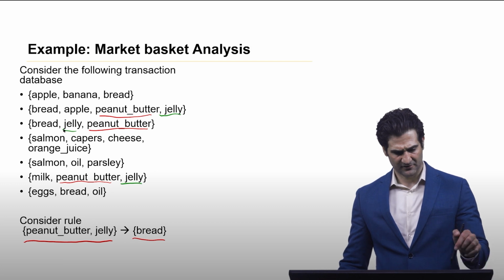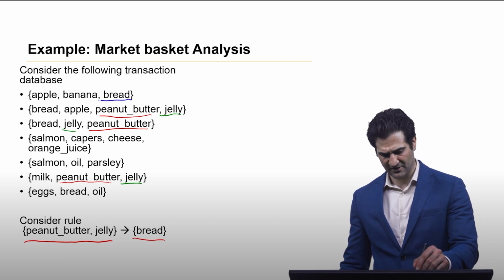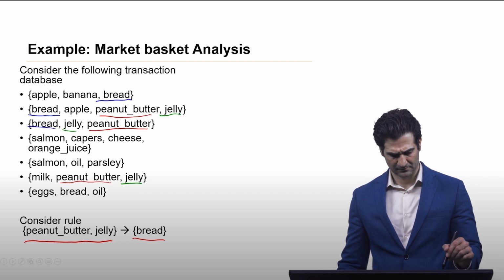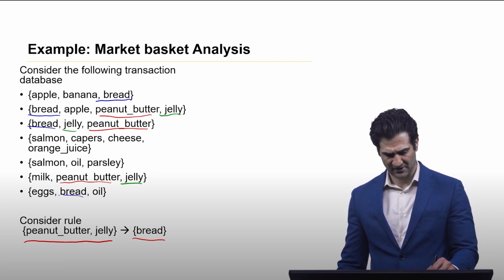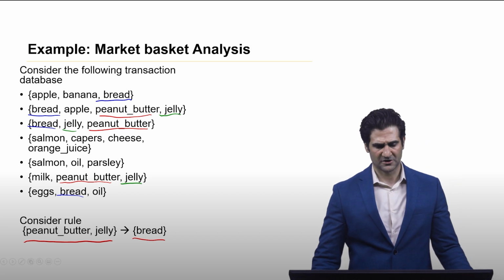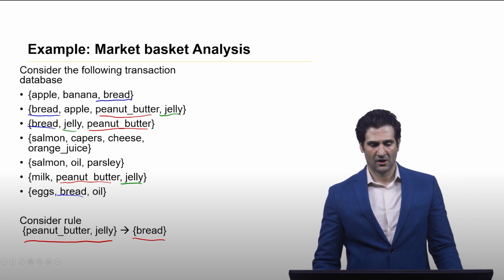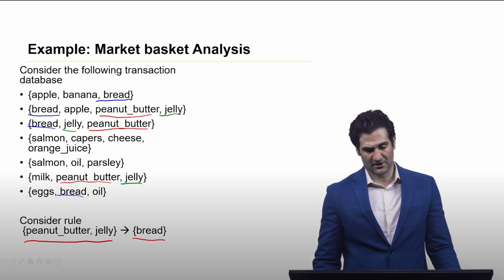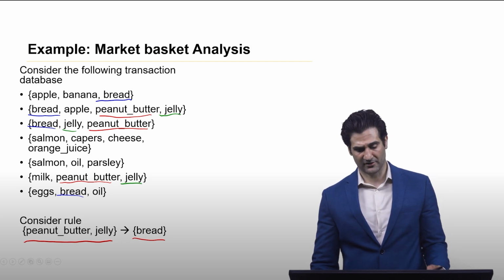And then finally bread, we've got here, here, here, and here. Okay, so count the number of times all 3 of them occurred, where you see a blue, red, and green underline, and there are 2 of those.